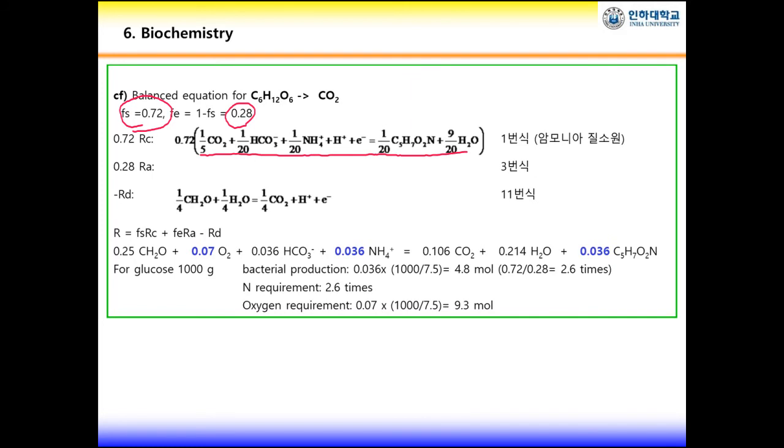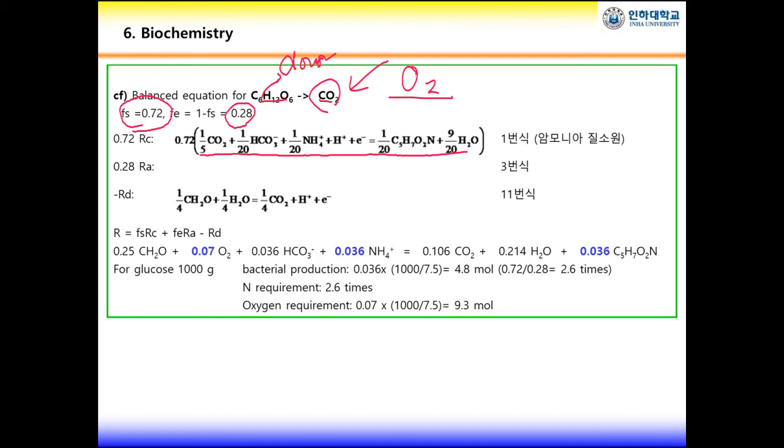And what is the electron acceptor for this case? Glucose to methane, this is the electron donor. And if all the carbon is oxidized to carbon dioxide, then the electron acceptor is O2.